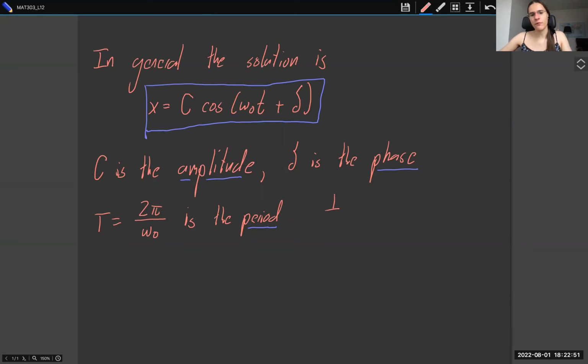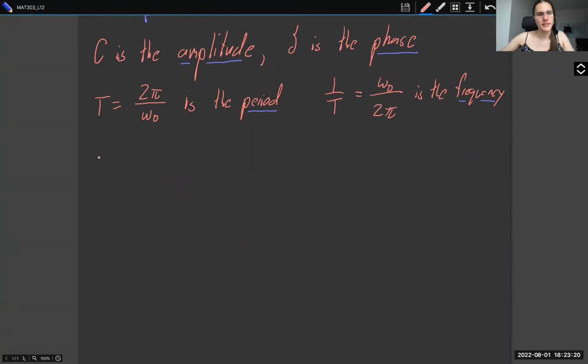And 1 over T, which is the question of how many times you go around in a given unit of time, is omega naught over 2 pi, and is known as the frequency. So let's see an example of where this arises.